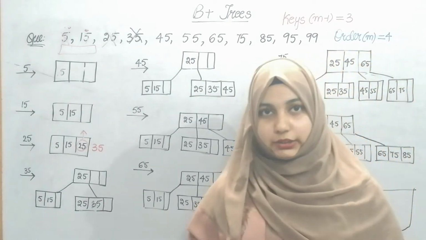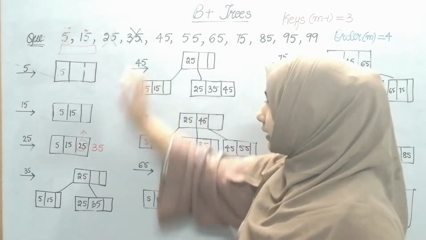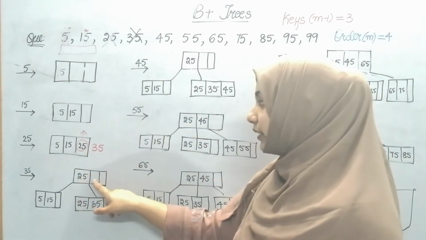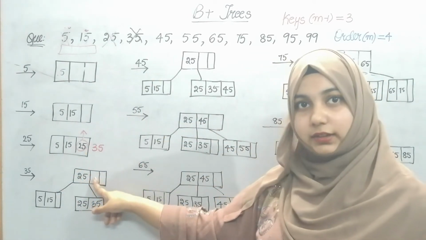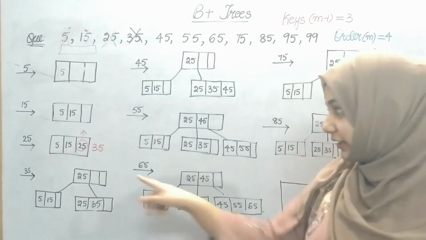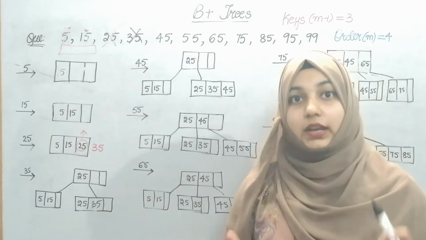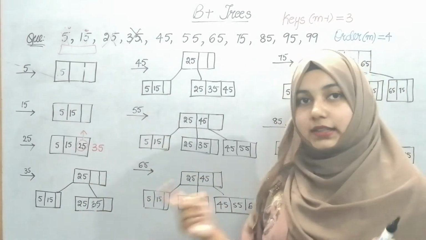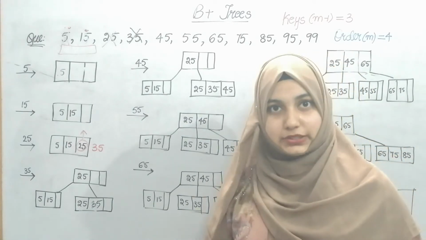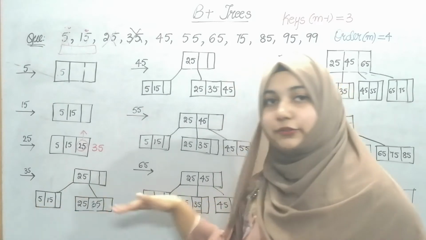One more thing that you need to remember while inserting is that, see, when we are inserting 35, next to 25 you are having space. You can insert 35 here. You should not make this mistake, okay? You cannot do this. Even though there is space here and you can insert, you should not insert. Why? Whether B-trees or B+ trees, when you are inserting, the data should be inserted at the leaf node.